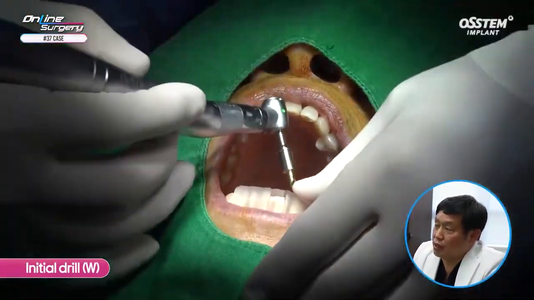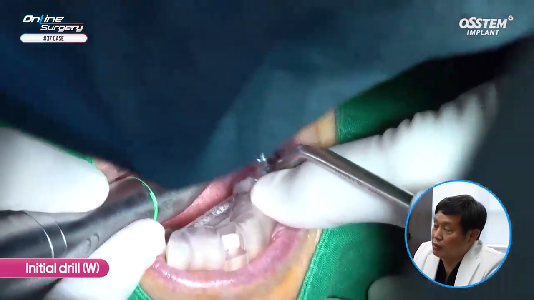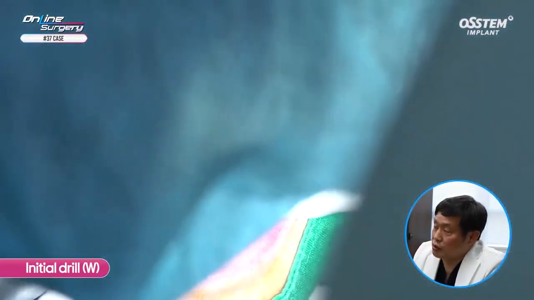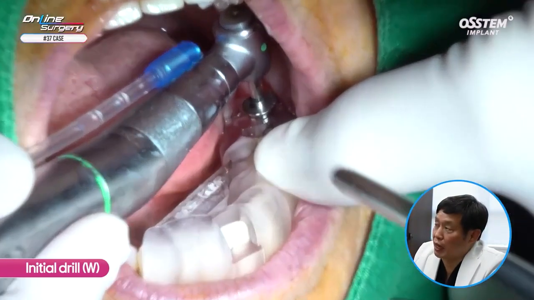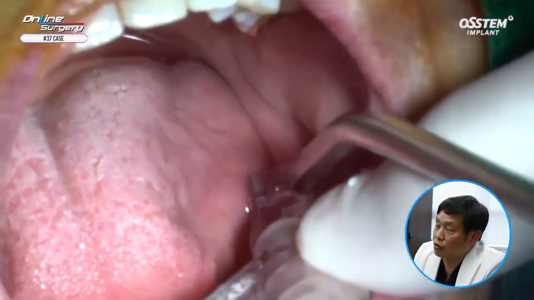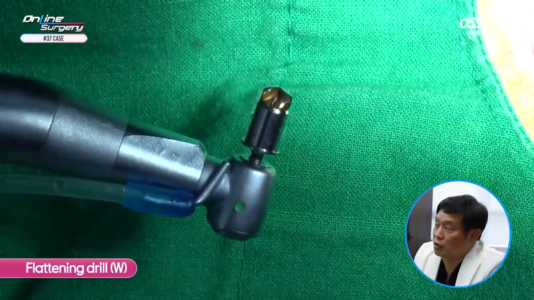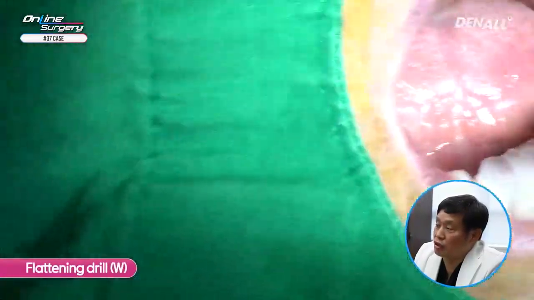First, I'm using wide type initial drill. You cannot really see it in the video, but at the time, initial drill did not go in fully up to the stop. In this case, I use a flattening drill to remove the bone on top. If you do this, initial drill can go in fully.